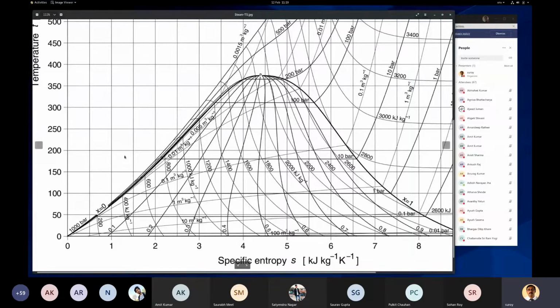So what we do is, as we know that the property here is only dependent on temperature, whatever property we have in the liquid saturation condition, if you know the temperature, that same value is used even if it is not saturated liquid, but is away from the saturation line, based only on temperature.